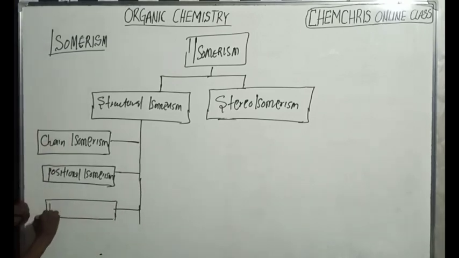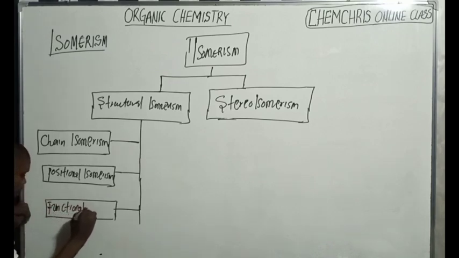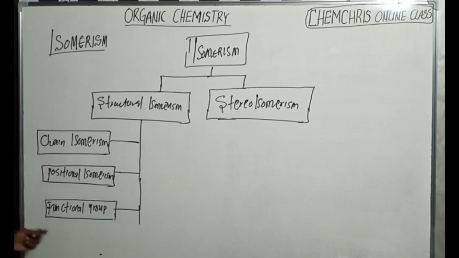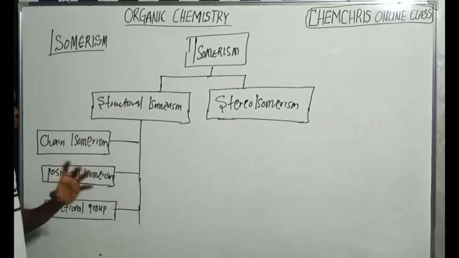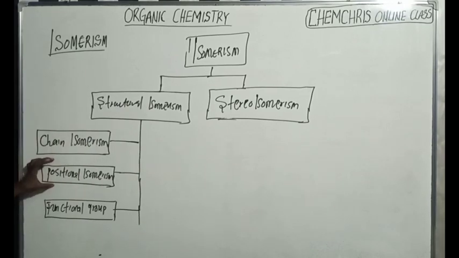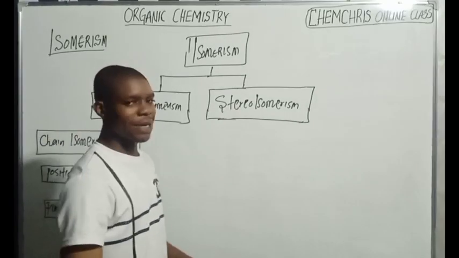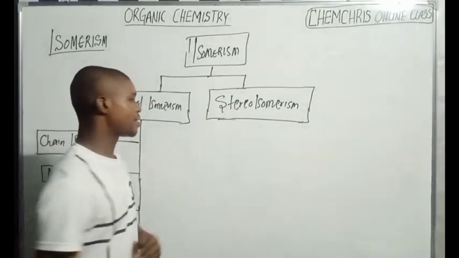Here we have functional group isomerism. So you have the word technique here. Structural isomerism is divided into what? Chain isomerism, positional isomerism, and functional group isomerism. Now, this stereoisomerism is divided into two main parts.